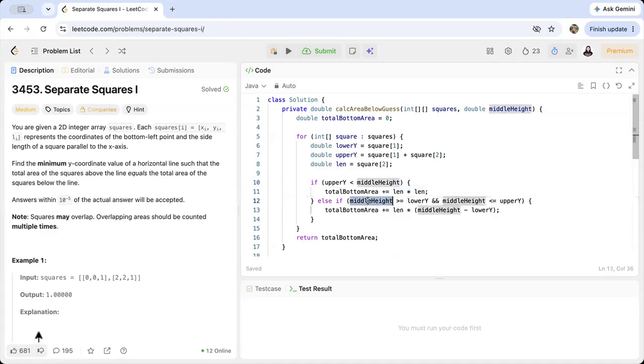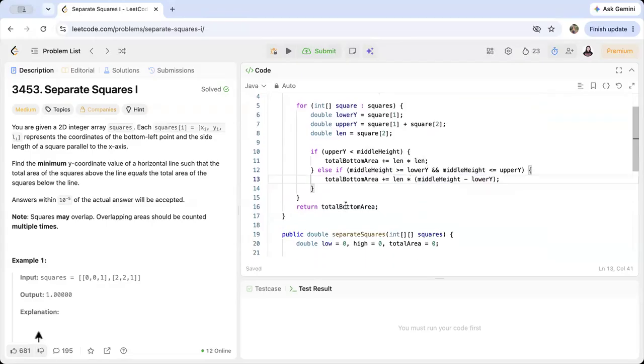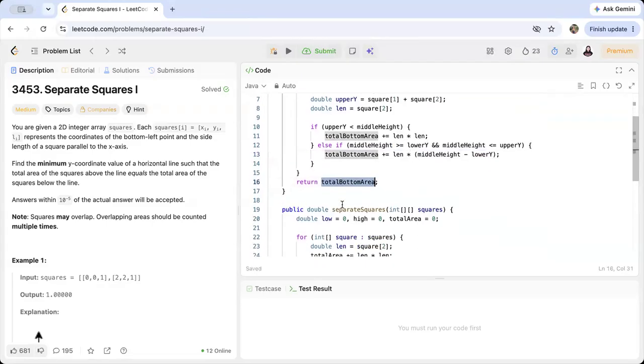But if my middle height somewhat cuts the square, it means we have to calculate the bottom area, which is middle height minus lower y, and we multiply it with length. And in the end, we return the calculated total bottom area.